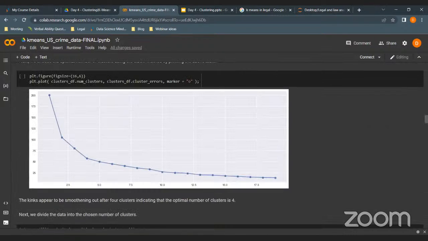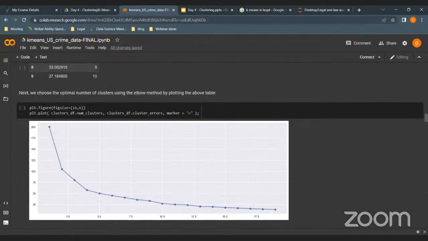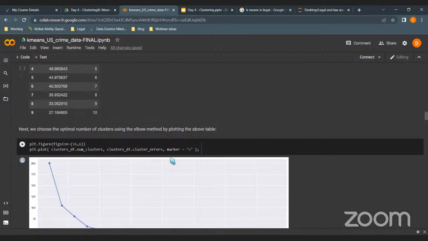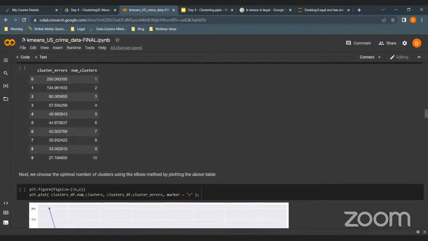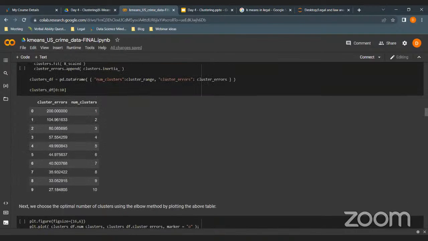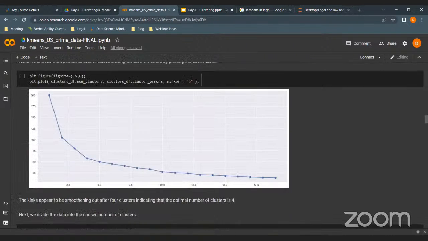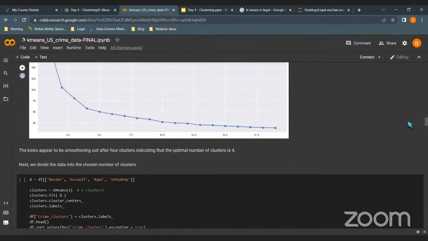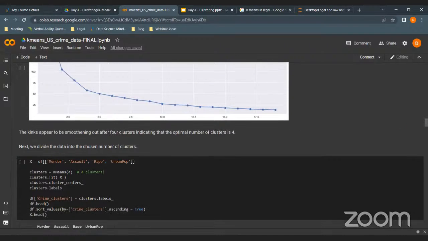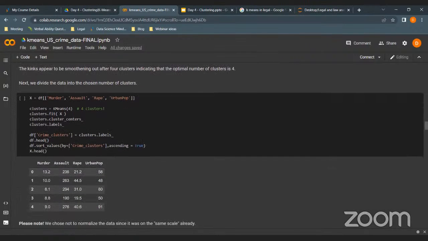Okay, let's find the number of clusters. So I'm drawing this elbow plot to determine what will be the number of K. Okay, from this value, what will be the number of K? So we have taken this K value to be 4. Okay, and we are doing K-means on this.